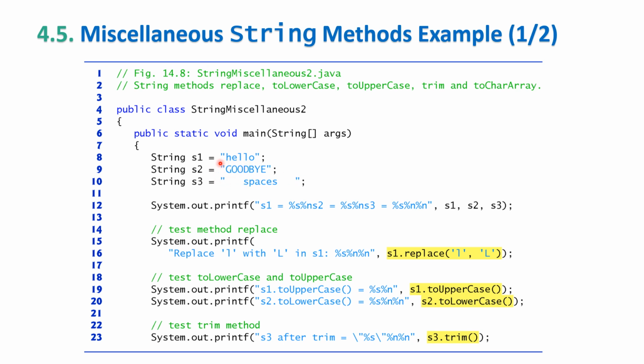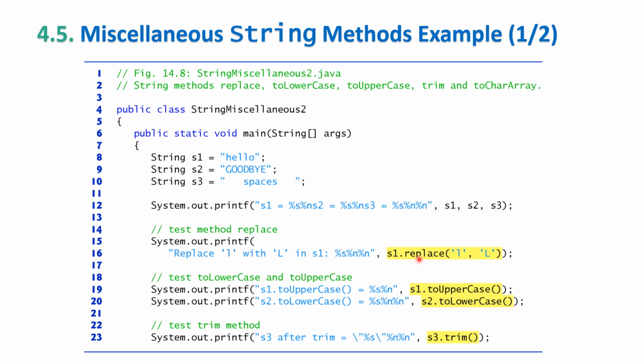In this program, first, it declares and initializes three string variables s1, s2, and s3. s1 is initialized to the string "hello", s2 is initialized to the string "GOODBYE", all in uppercase letters, and s3 is initialized to the string "spaces" with a few spaces before the word spaces and also after the word spaces. Then it also displays the values of strings s1, s2, and s3.